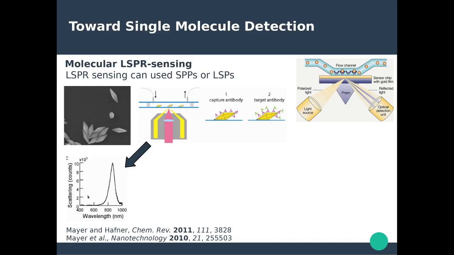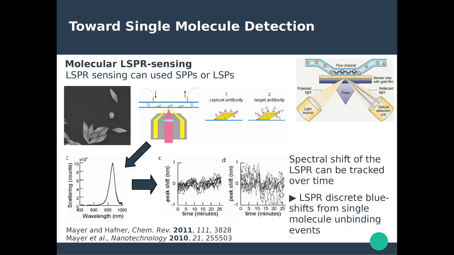So they performed scattering measurements using this dark field scattering measurement configuration, measuring the localized plasmon resonance of those bipyramids. So you see that you have a nice dipole resonance, and then they tracked the position of this peak as the flow of these antibodies occurred.